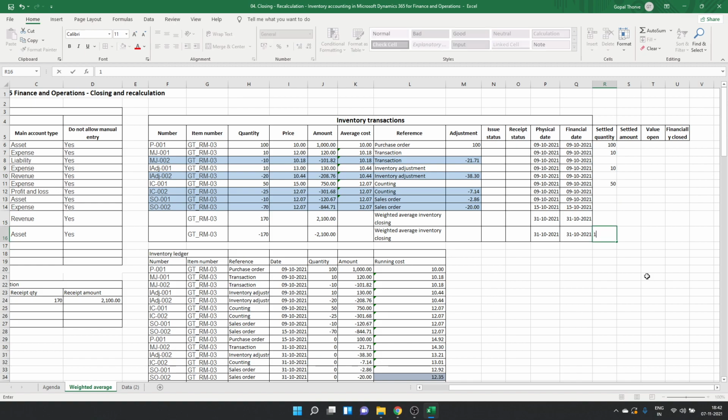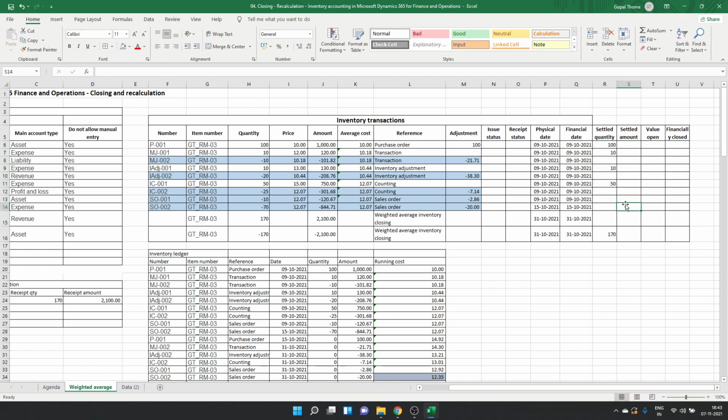So my 170 quantity is totally closed. Now there is no individual identity of these receipt transactions going forward, because all the receipt transactions are settled against this, and the individual receipt transactions are no more. All the issue settlement will happen against this particular transaction.